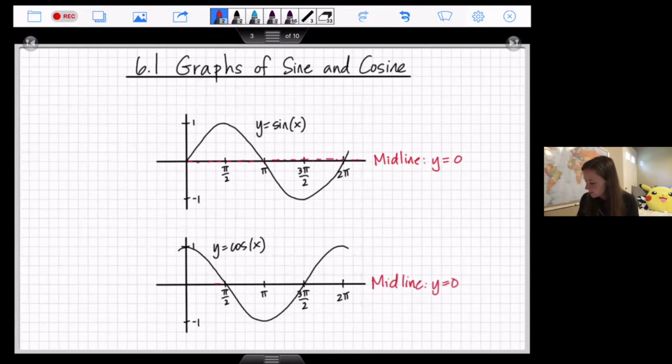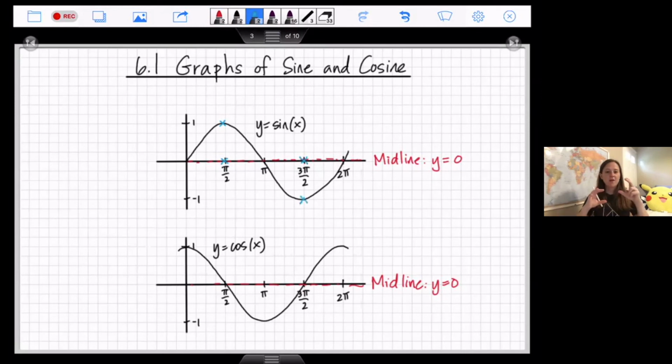We know that we can move that around by adding or subtracting using our transformation rules. That's what we're going to look at in the next video. The next term we want is the amplitude. The amplitude of the graph is from the midline to a peak, or from the midline to a trough. Over here at 3 pi over 2, it's from the midline down to that trough.